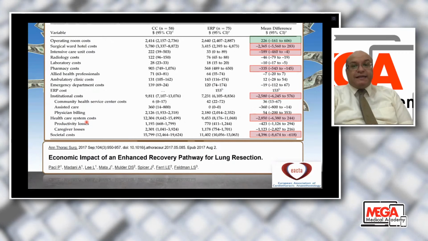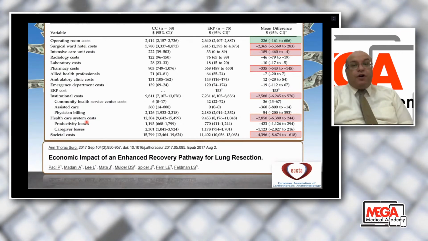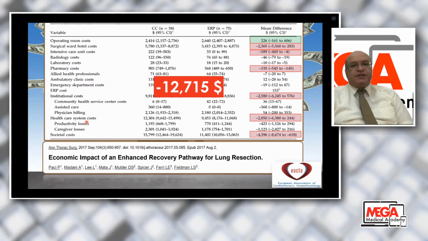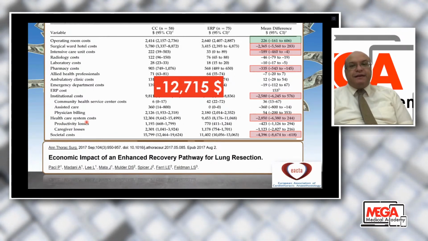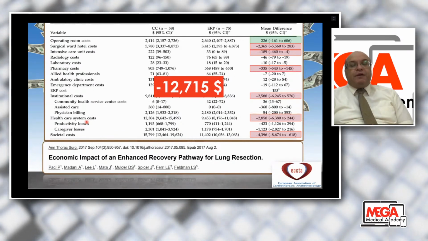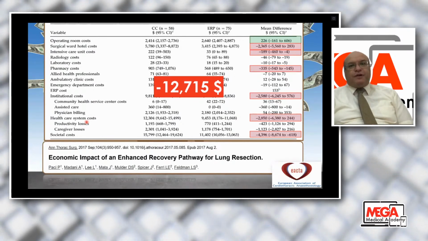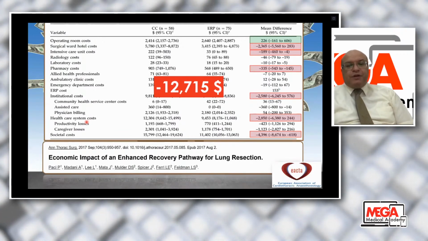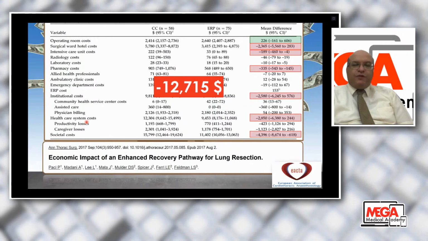If we calculate these decreases in cost with implementing enhanced recovery, you can see in this study there are savings of over 12,000 dollars for care of patients. This is not a small amount, it is a large amount, and it could be invested in caring for other patients.